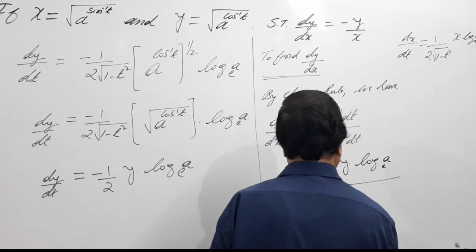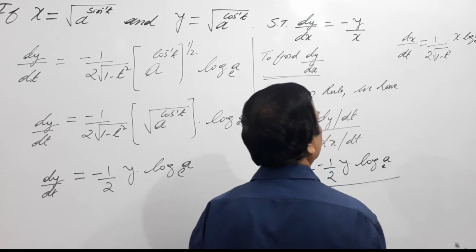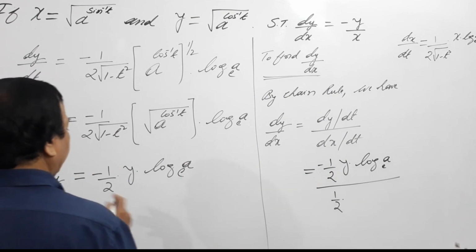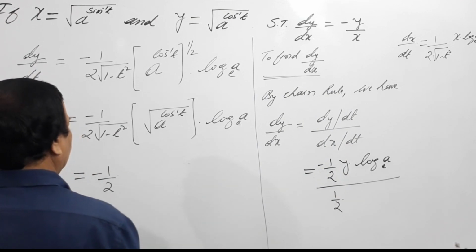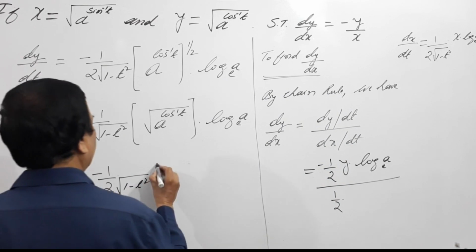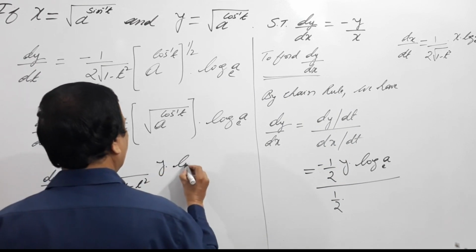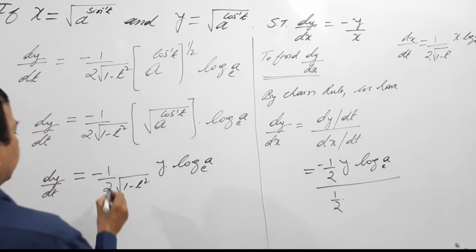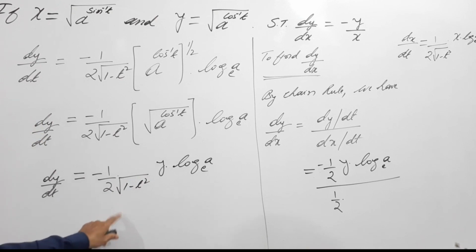That is half, here we have one by t square under the root 1 minus t square, y into log a to base c. So dear students, please make this correction.